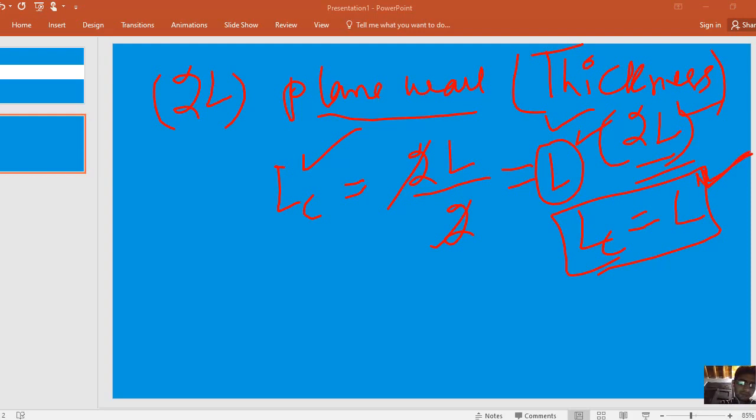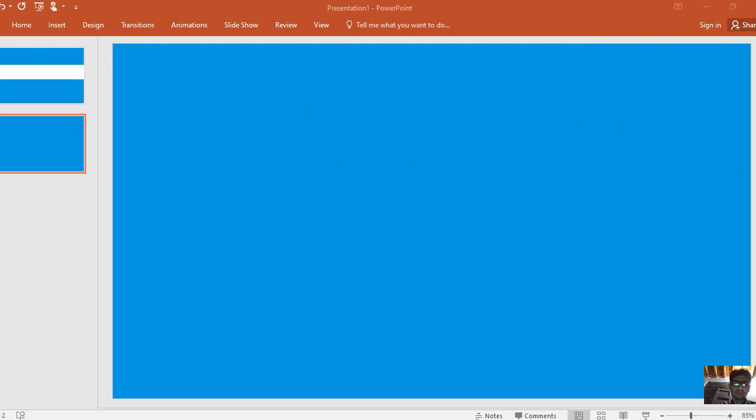Suppose we have a plane wall. This is the length, and this is also length. Suppose this is the origin. Now this is the thickness.